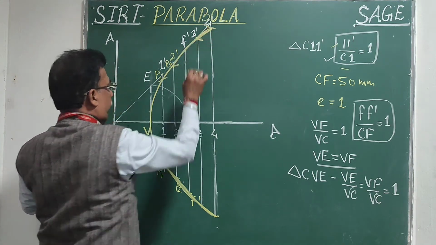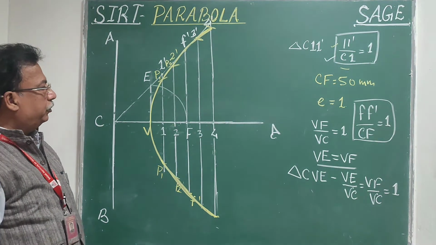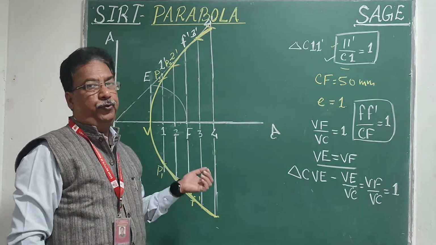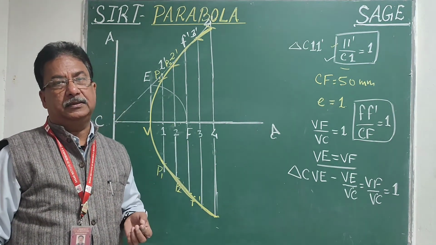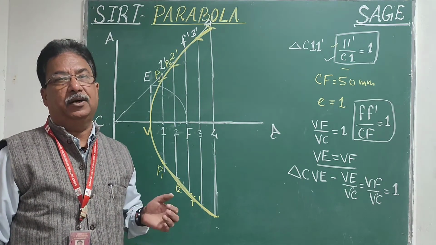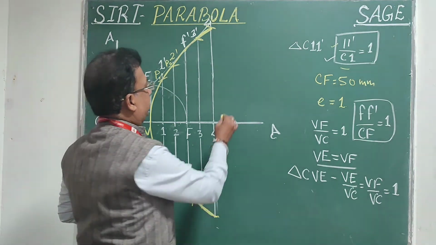So this is the required parabola by this method. I hope you understand the logic. The logic will be the distance of the moving point from the focus and the distance of the same point from the directrix remains same. So that curve will be a parabola. So this is the parabola by the general method.